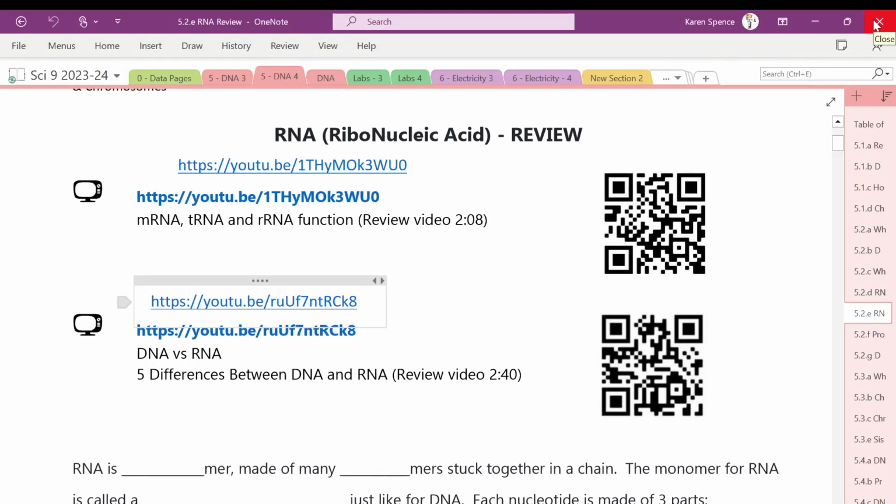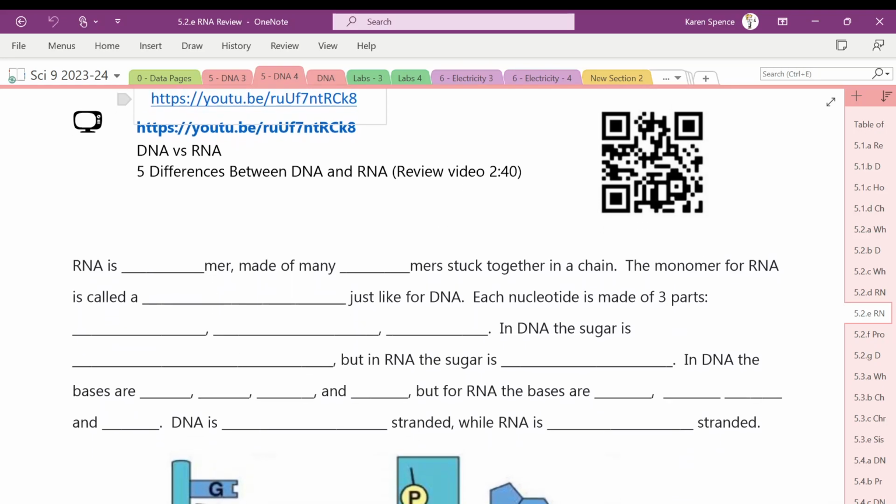So, could you guys try and fill in this little paragraph here? Okay, try it on your own, and then we will talk together about what those blanks should say.